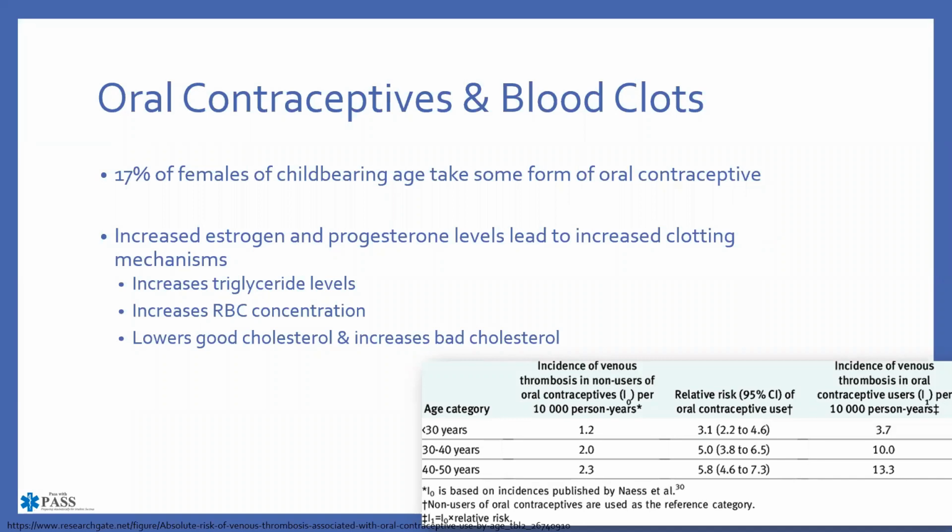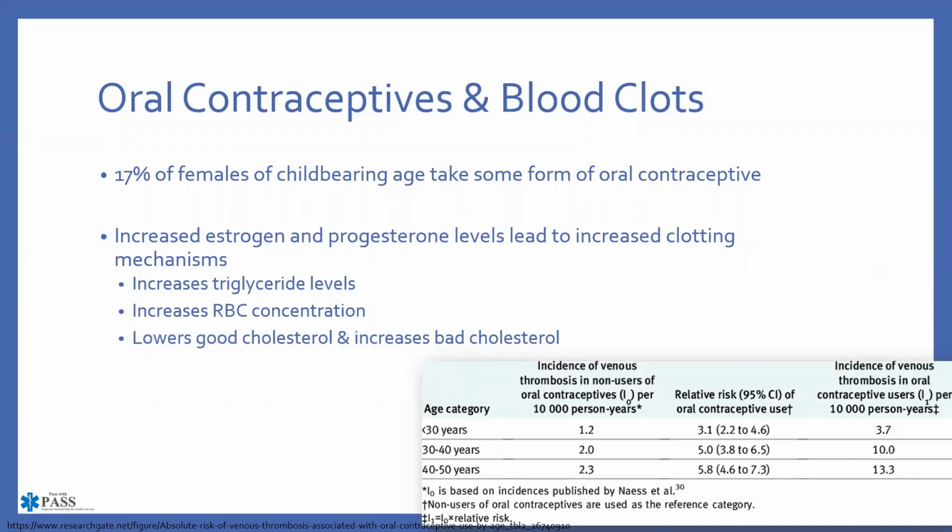In fact, some of the studies that are out there show that they don't really know that it is 100% linked to that. But there is an increased risk in findings over many, many years of individuals on oral contraceptive medications developing a pulmonary embolus.